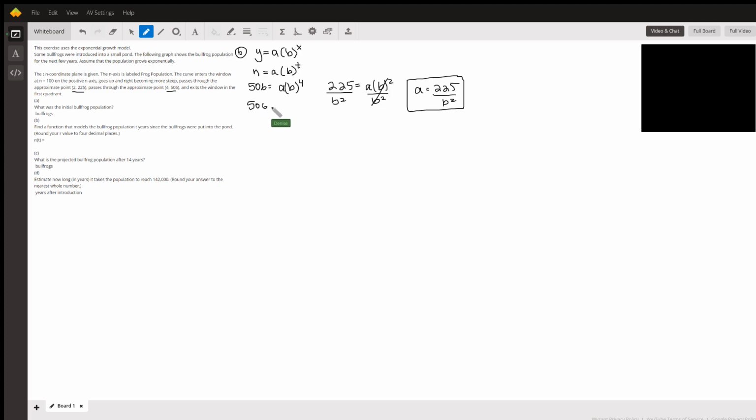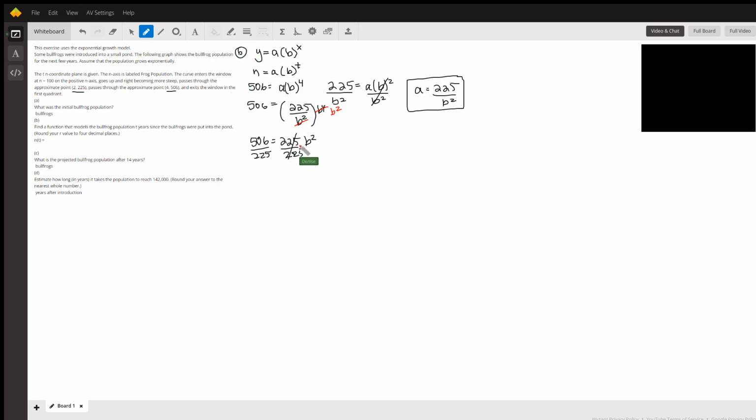So that gives me 225 over b squared, times b to the fourth. And my b's simplify, so I'm left with b squared equals 506 divided by 225. Divide both sides by 225.